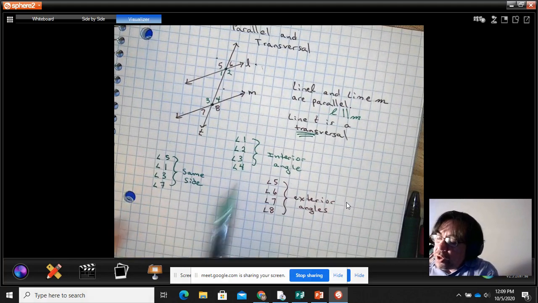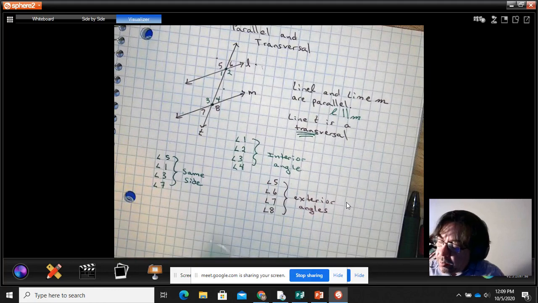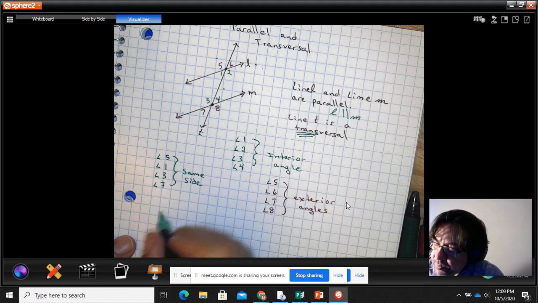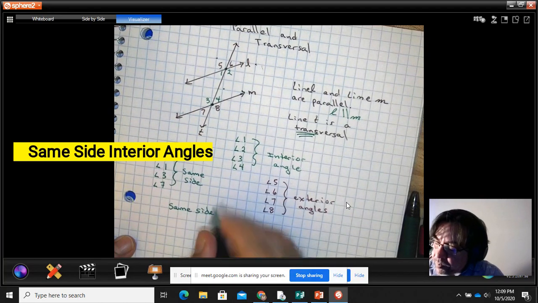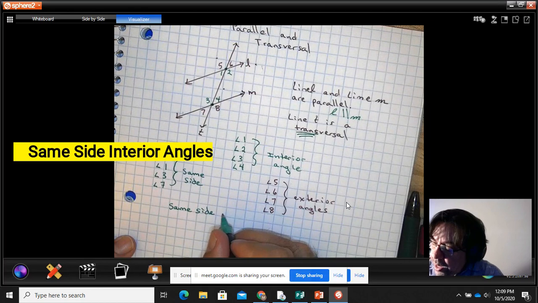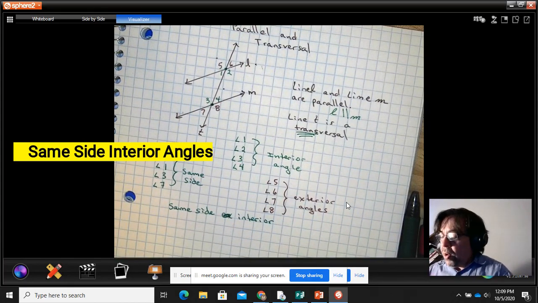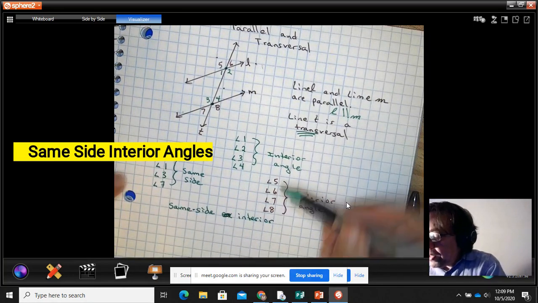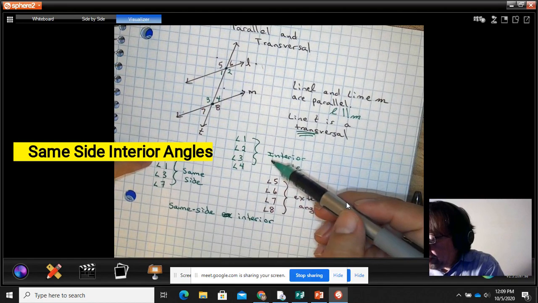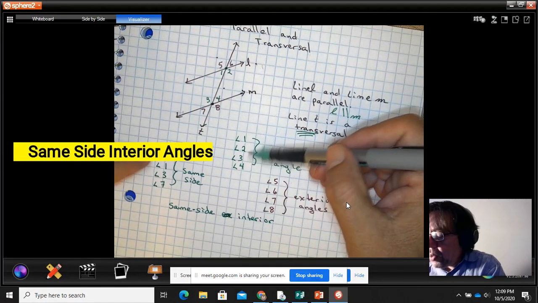So now I'm going to combine these two ideas. Which angles are both same side and interior? For it to be same side interior, it's got to be on both my lists. Is 5 on both of them? 5 is not on both.